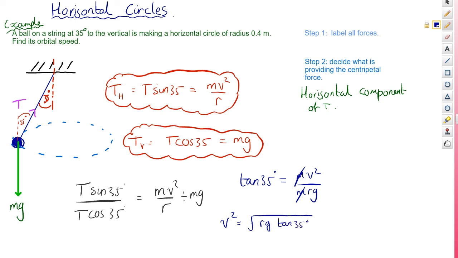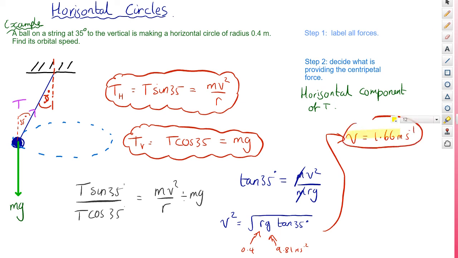And of course r is given in the question as 0.4 meters, and g is 9.81 meters per second squared. So we can evaluate v. If you want to pause and see what you get, you should get v equals 1.66 meters per second. So there we go. We've got the orbital speed from a nice mathematical approach to a horizontal circle.